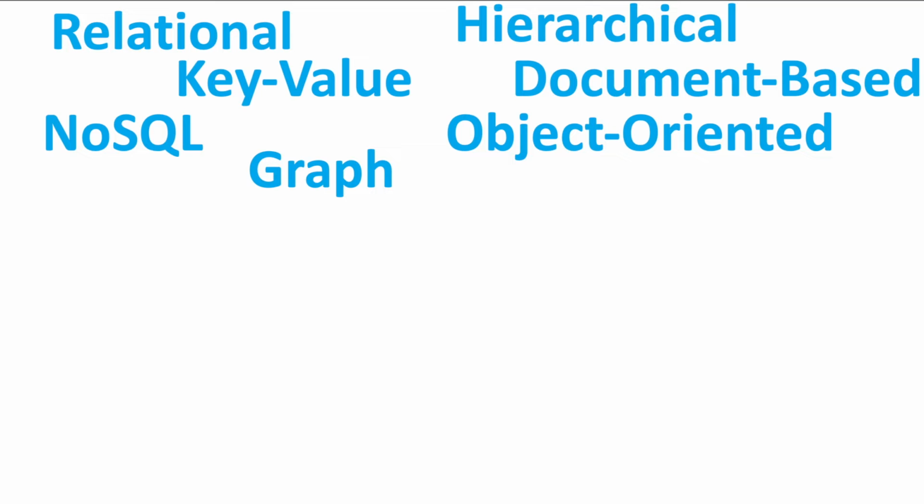Object-oriented became a big thing in programming, and people thought it would be useful in a database as well. There are graph databases that have the ability to really connect and relate data in a structure that allows you to find out relationships that may not normally be apparent and easy to get at in other databases.